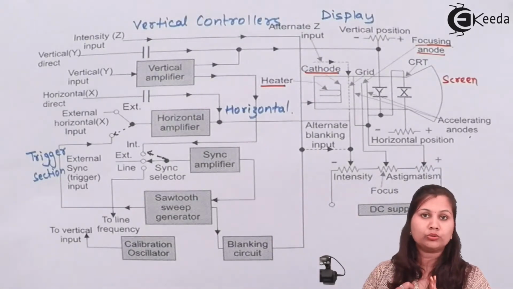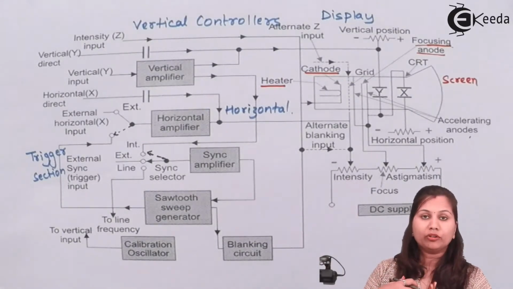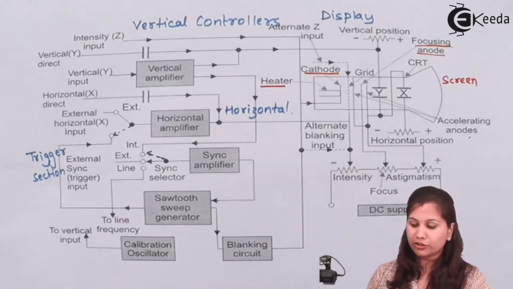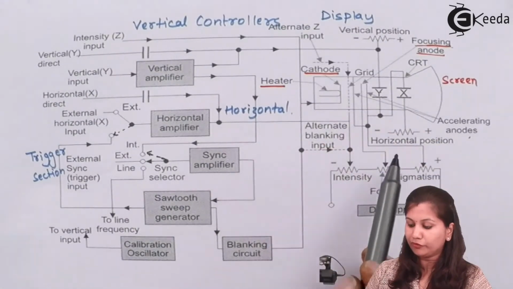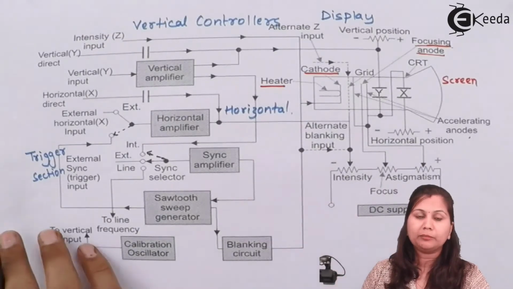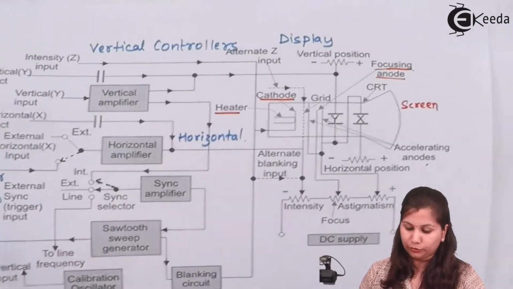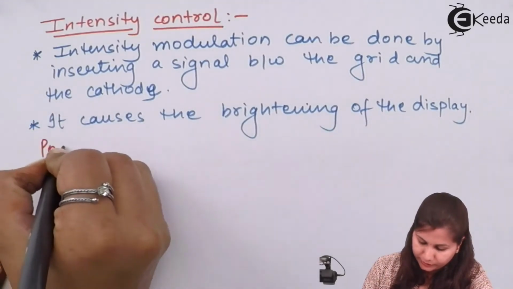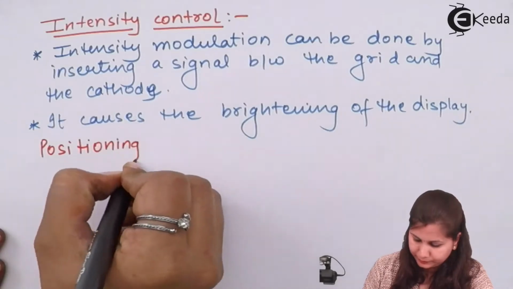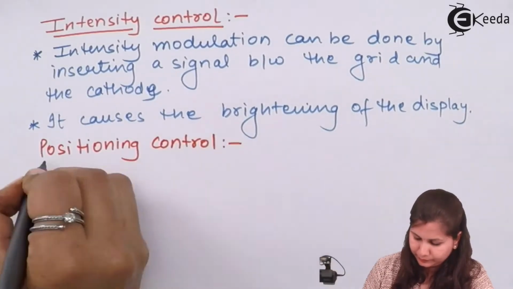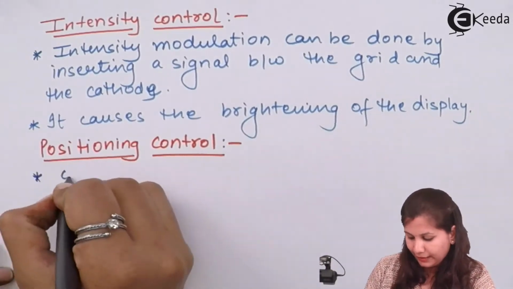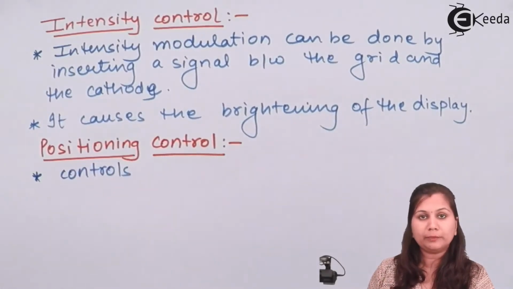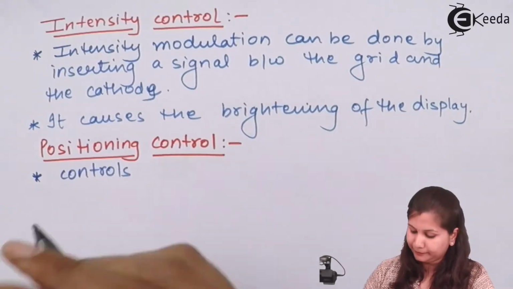If we want to modify the vertical position or the horizontal position of the luminous spot, it can be done with the help of these knobs which are available on the panel of the CRO. This controls the vertical and horizontal position of the display.